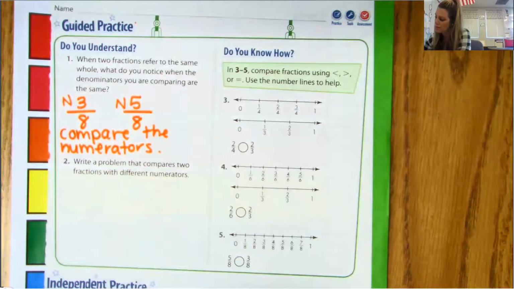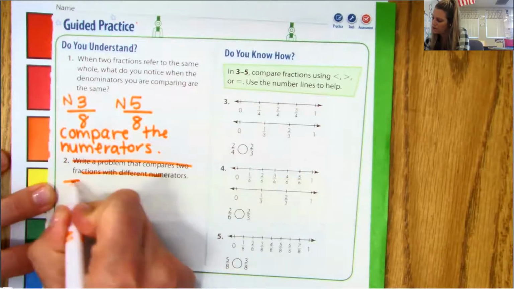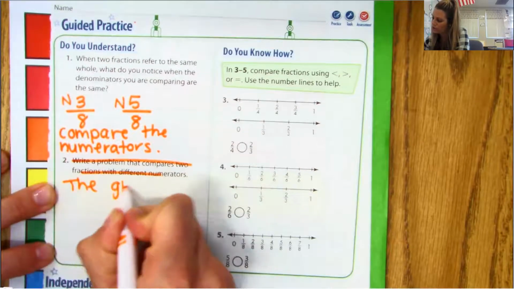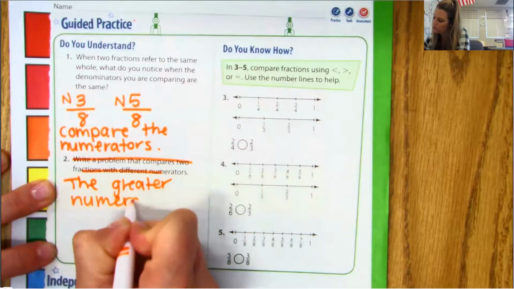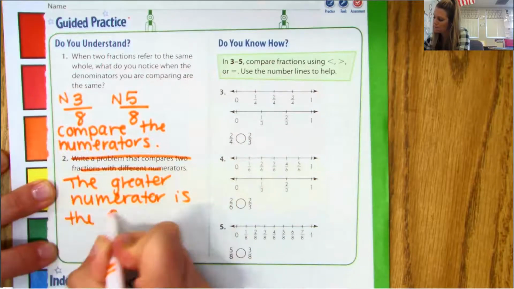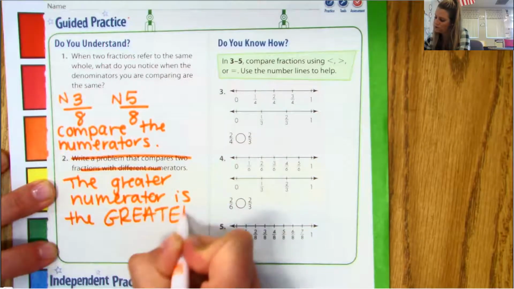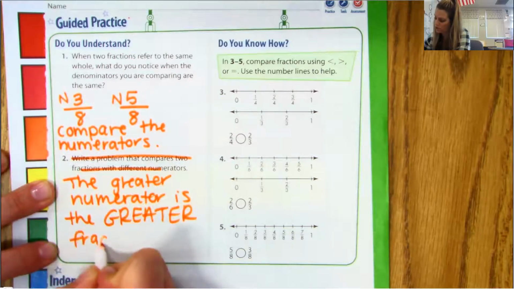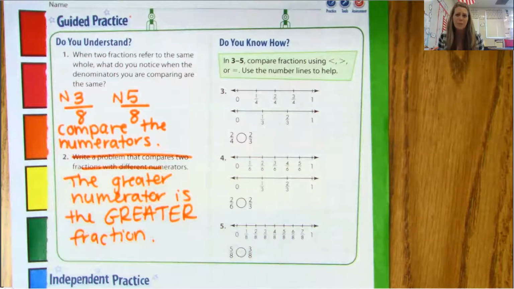Okay, I might run out of room, but let's just write it down here so that we know. The greater numerator is the, we're gonna write it big, greater fraction. Okay, we love when the denominators are the same. That makes our life so easy.